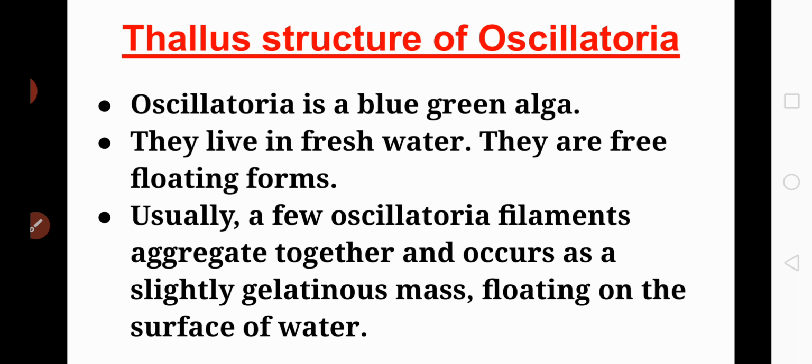They are not attached, they are free floating. Usually a few Oscillatoria filaments aggregate together, means they are grouped together, and occur as a slightly gelatinous mass floating on the surface of water.